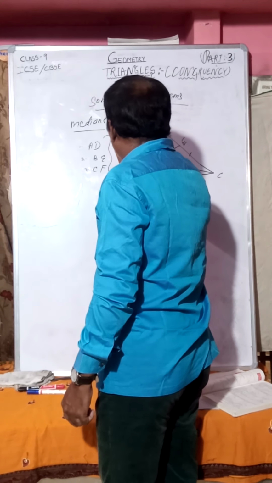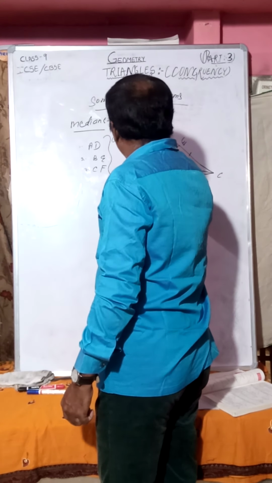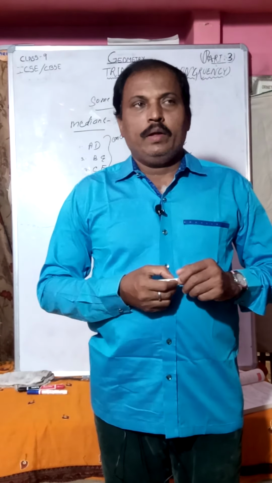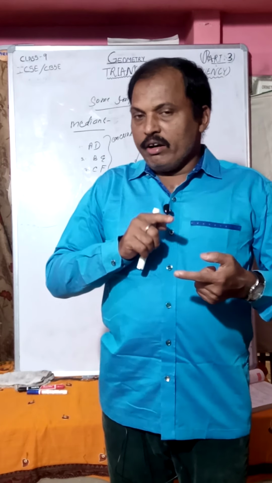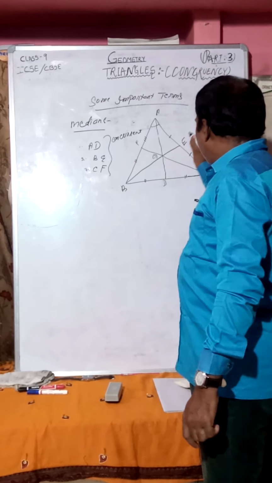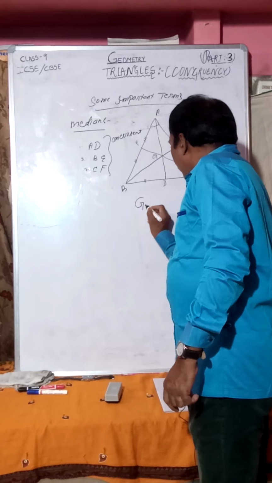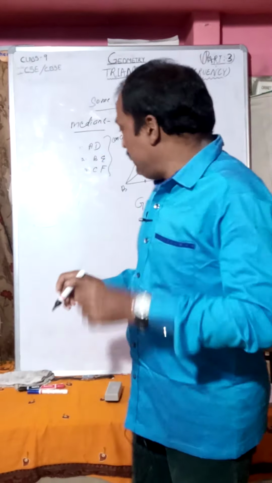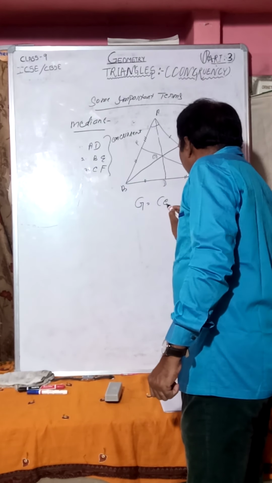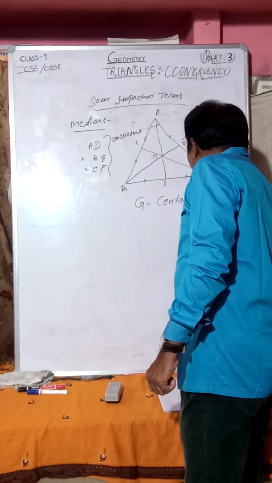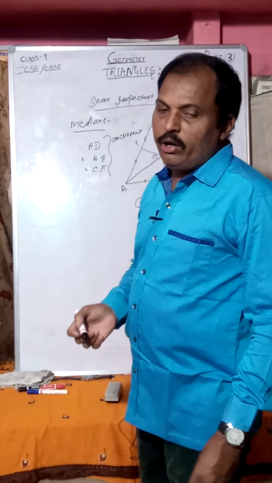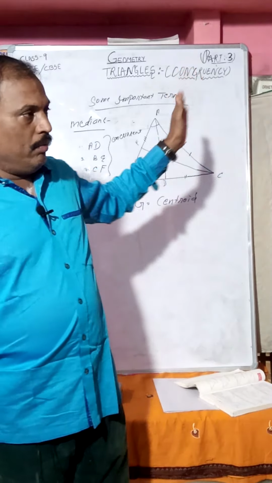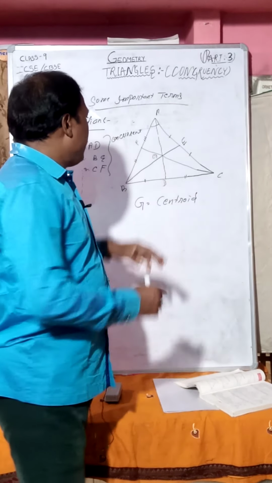Their concurrent point is G. So G is the intersecting point, or concurrent point, which is called the centroid. It is very important, the medians and their intersecting point.